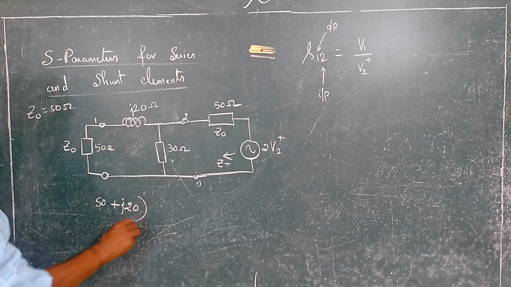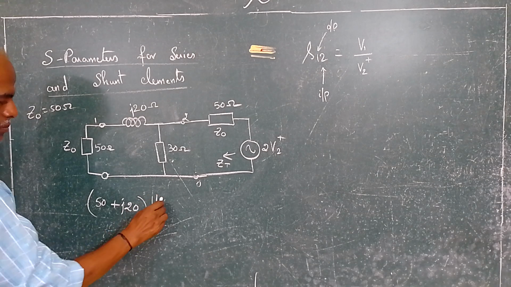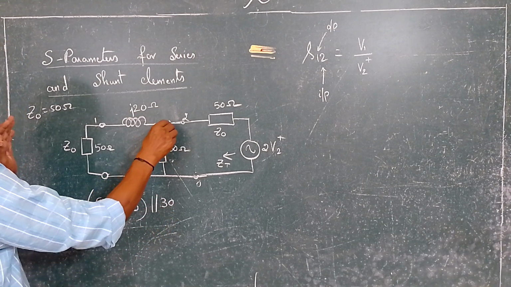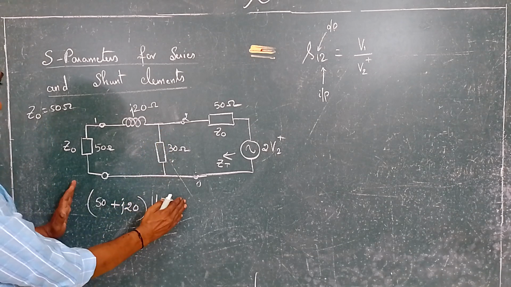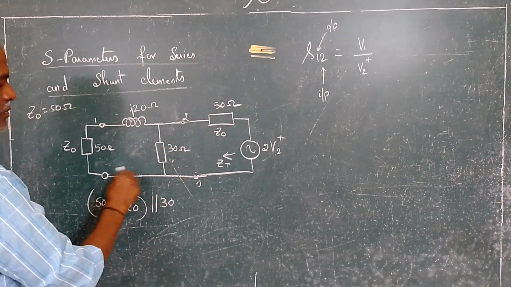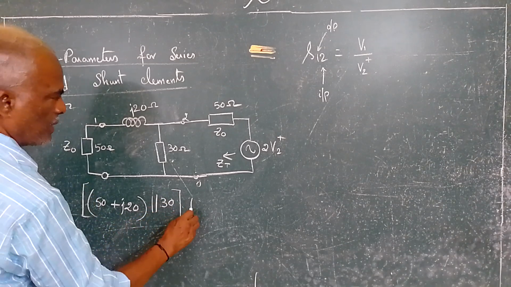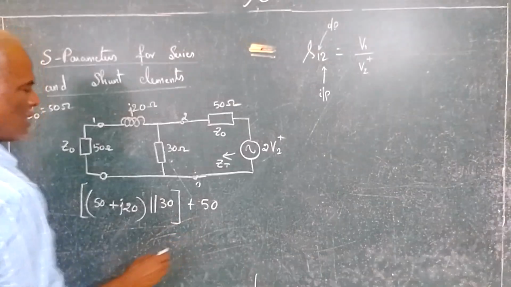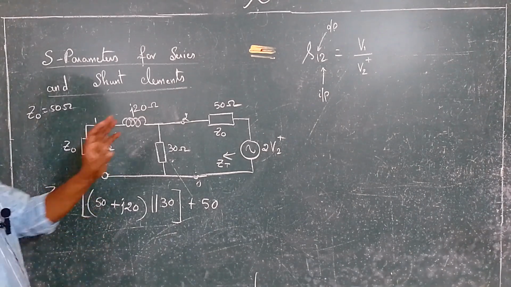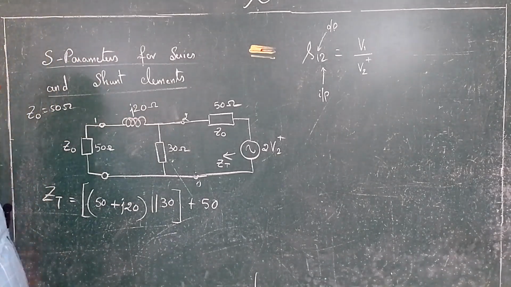This combination is in parallel with 30 ohms. Up to this point we have found the equivalent resistance, and this 50 ohms is in series with this combination. So you will be having plus 50, and this will give you total impedance as seen from this voltage source. Now we know Zt.